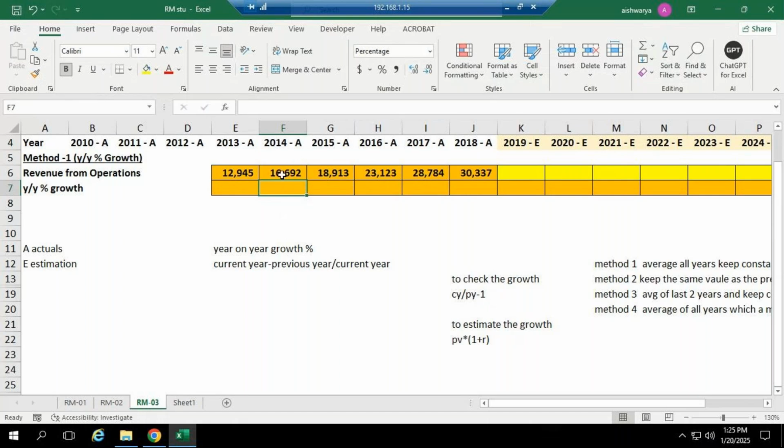There is a formula to calculate this year on year growth percentage.